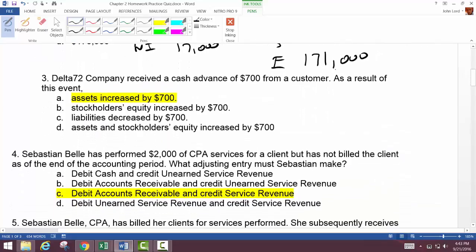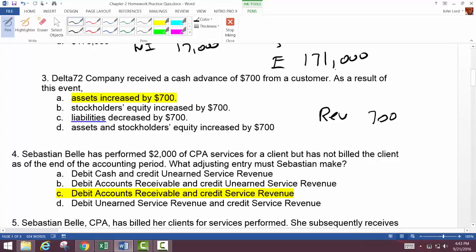And I received cash of $700 from a customer. When I receive cash from a customer, well, let's set this up. I provide the service, don't I? And if I provide the service, should I recognize the revenue? If I provide the service, I can recognize the revenue, so I'm going to credit revenue for $700, right? Okay. Now what happens?